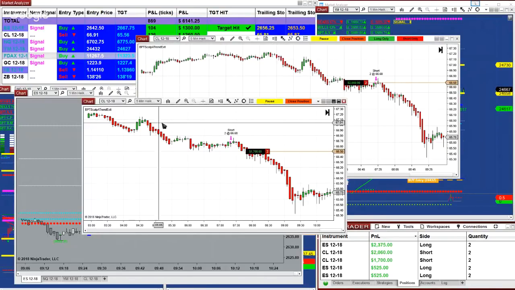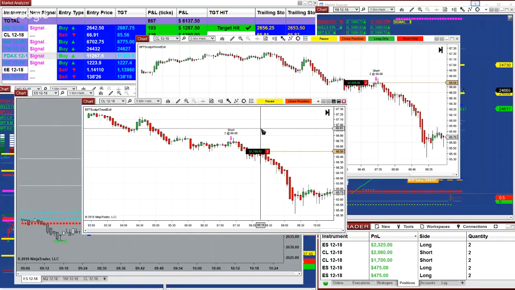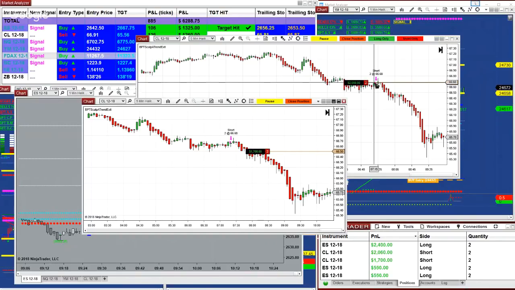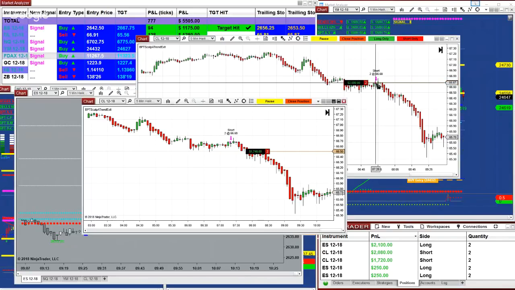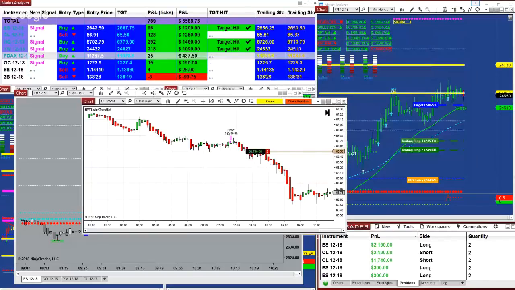Actually, they are the same, but one took the trade at 66.68, and this one 66.66. It was a few seconds. The entry is at 66.66, and this one here is 68. So those are the two different ones on the filter. That's how it is.